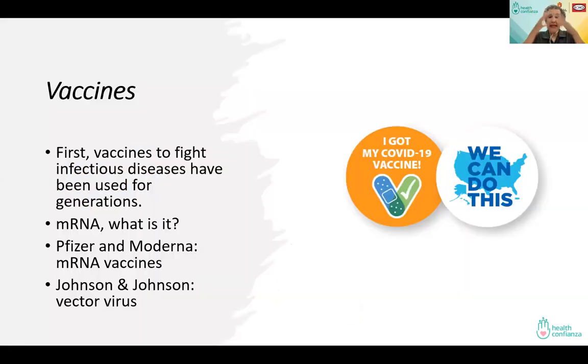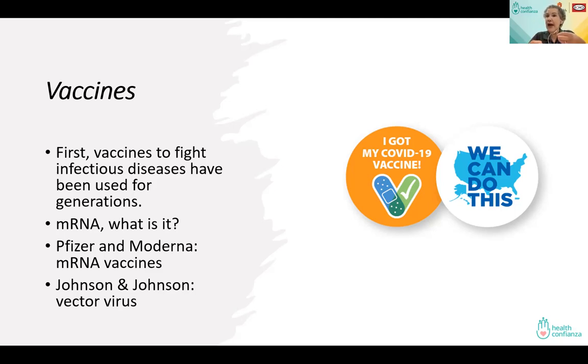Vaccines. December 2020, the first vaccines to fight the infectious disease. But vaccines have been used for generations to fight communicable diseases. The 2 vaccines that we know the most about are Pfizer and Moderna, and these are mRNA. What these vaccines do is trigger a response in our body to be able to recognize the COVID virus.